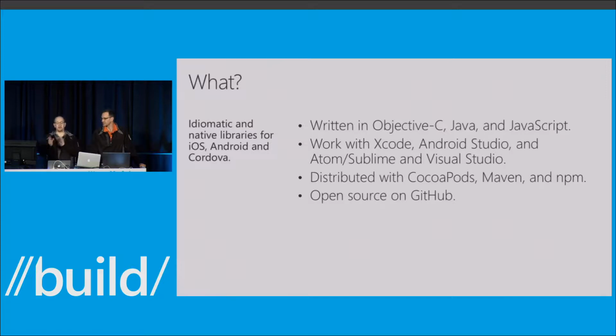So one thing that's really key here, like Todd said, I'm the PM that's managing the development of these libraries, and some of our goals are on this slide. In fact, in that bullet point on the left, idiomatic and native libraries. We've really wanted to and tried very hard to make these libraries be what an Objective-C developer would expect, what an Android developer would expect, what a JavaScript developer would expect.